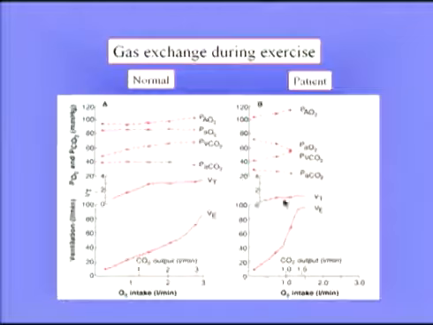The pattern is very abnormal, with a very small rise in tidal volume, rapid shallow breathing, and the arterial PO2 falling on exercise, as you would expect from what we were saying earlier, that there is some diffusion limitation on exercise, and this is presumably largely responsible for the fall in arterial PO2.